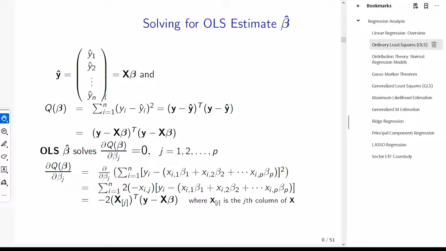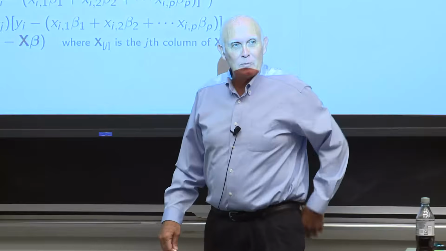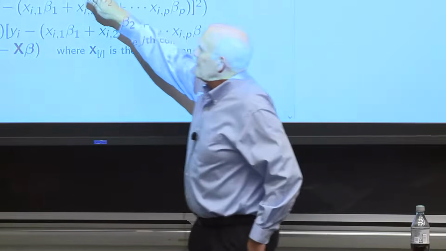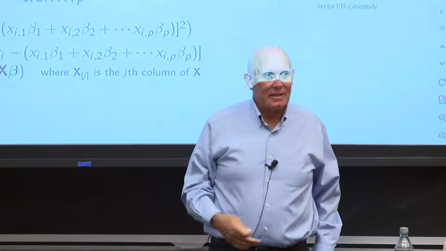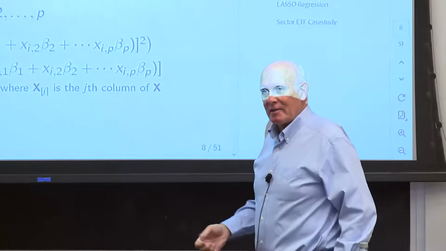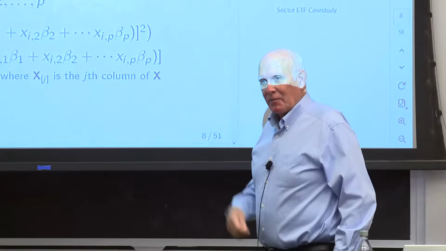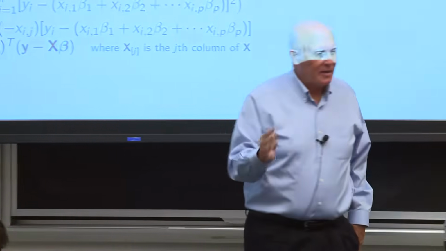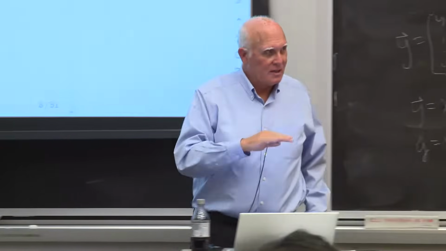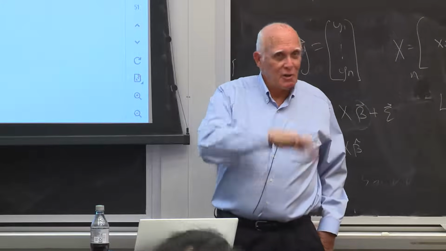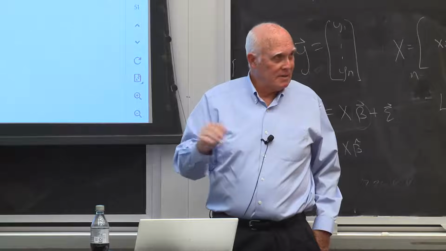And let's see, how do we know whether the solution to this equation actually minimizes the sum of squared errors criterion? A first order condition is one where the derivative of the function is equal to 0. That could be at a minimum, but it also could be at a maximum.